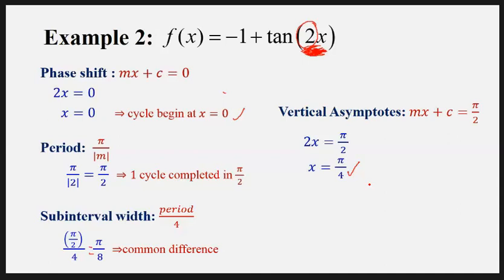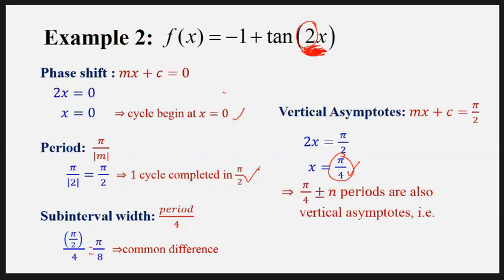And if I need more vertical asymptotes as a reference for graph sketching, what I will do is take this value plus or minus a multiple of pi over 2, which is the period's value, according to the notes that we have just now.